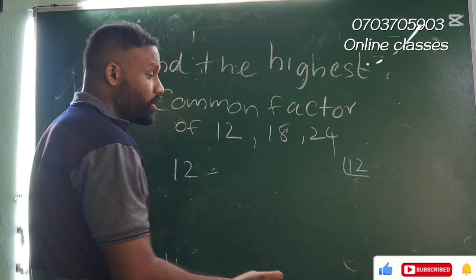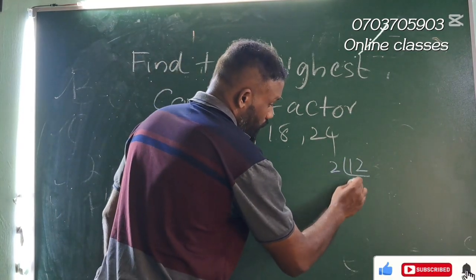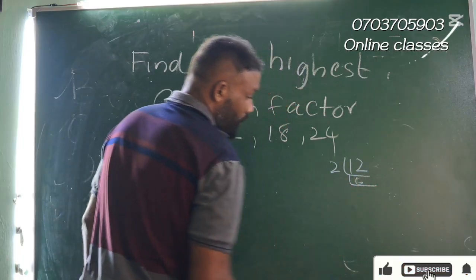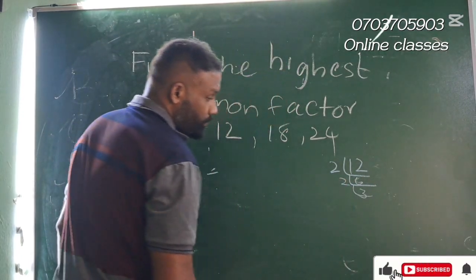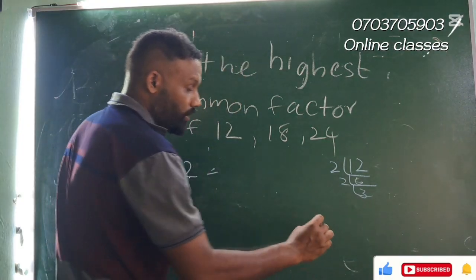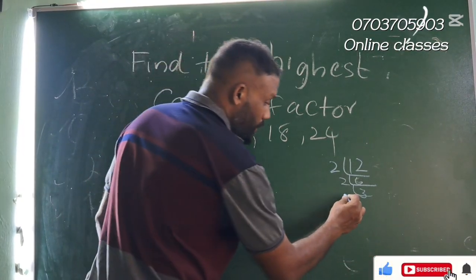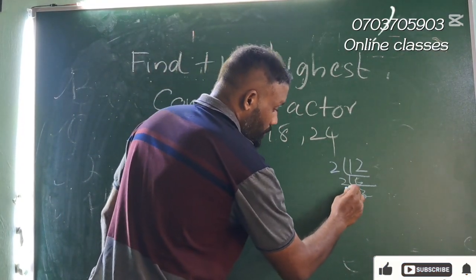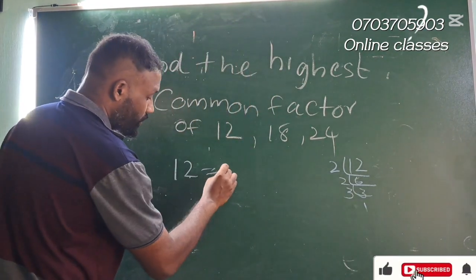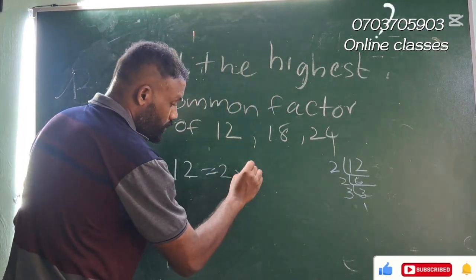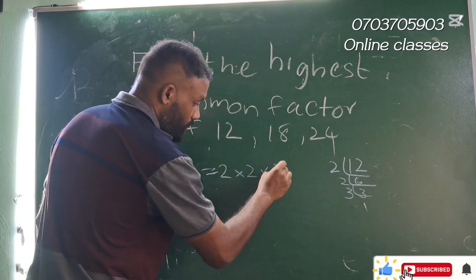First prime number is 2. 6, then 3 is not divisible by 2 but divisible by 3. So 12 we can write as 2 times 2 times 3.